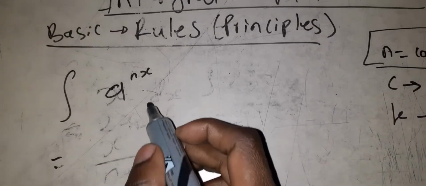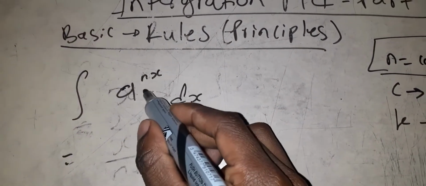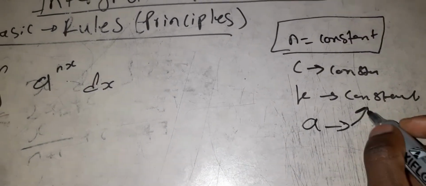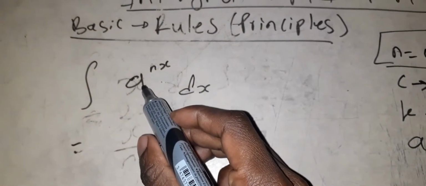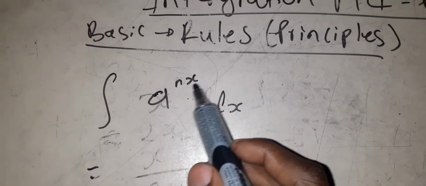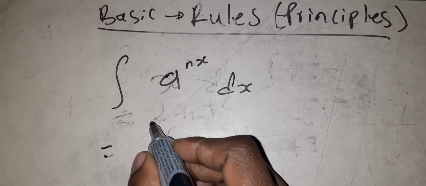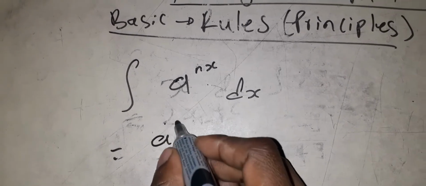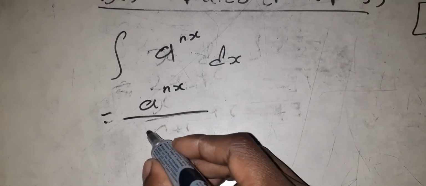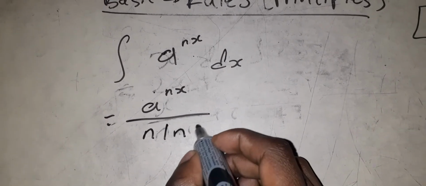If we have a number a, provided that a is your constant also, and you have a constant to the power of nx, a linear function, therefore our answer will be a to the nx, then divide by the derivative of nx, which is n, then ln of a.